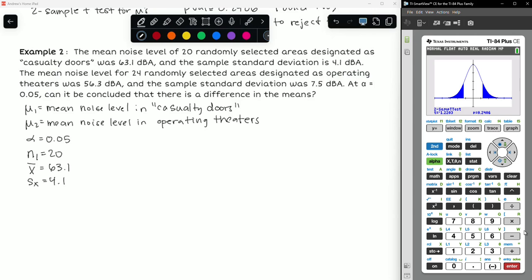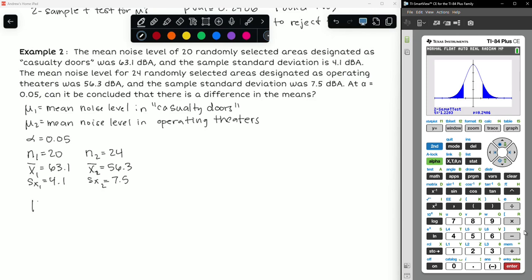For the operating theaters, I'm told that I sampled 24 random areas and that the sample mean noise level was 56.3 with a sample standard deviation of 7.5. And I don't know why I stopped subscripting here. 2, 2, 1, 1.